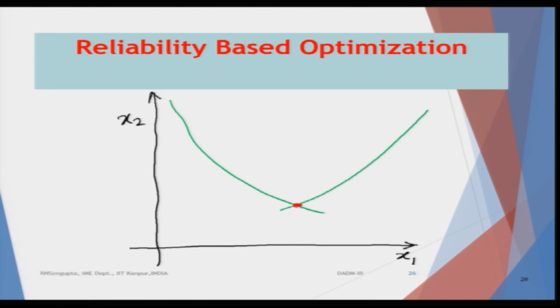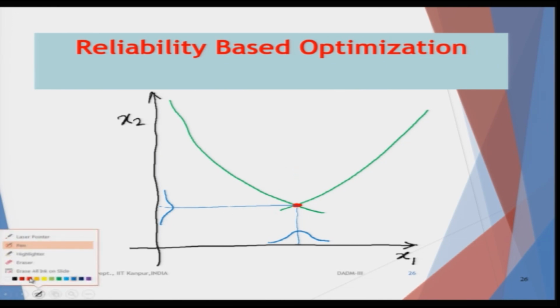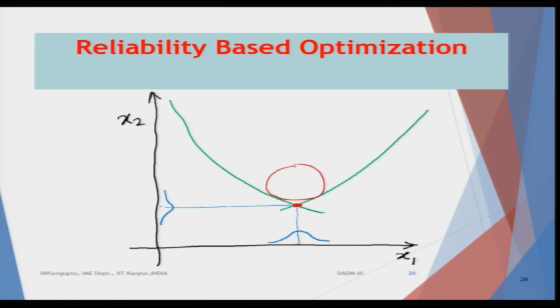This I consider as the normal distribution. This I consider the normal distribution, and consider the variances are the same. So, depending on the level of reliability, these are circles, consider.